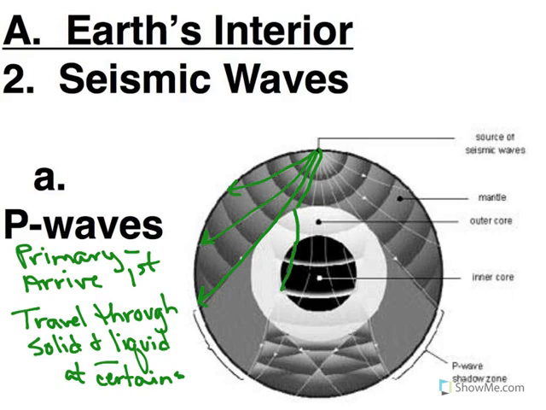Then it hits another liquid, so it gets deviated again, and then deviated again through the solid. So we get these shadow zones where P waves don't show up. And that's one of our first clues as far as the size of the liquid parts of Earth's interior versus the solid parts of Earth's interior.